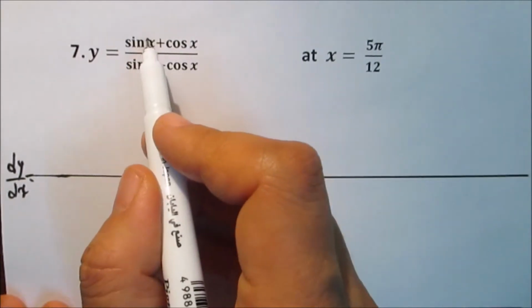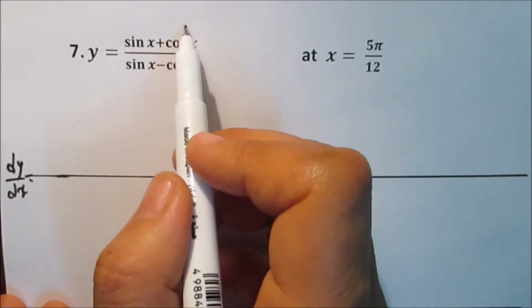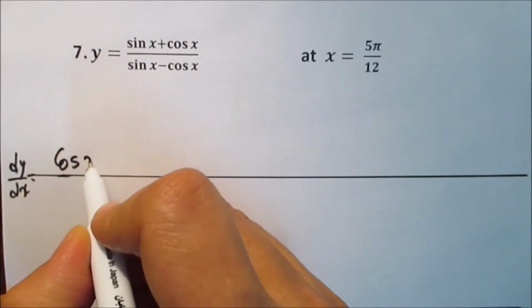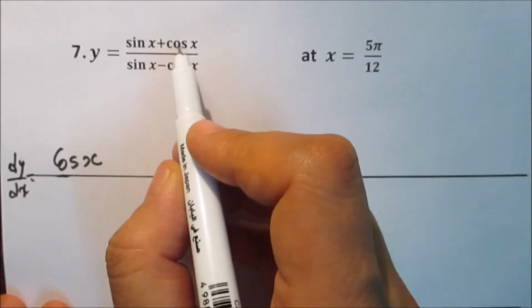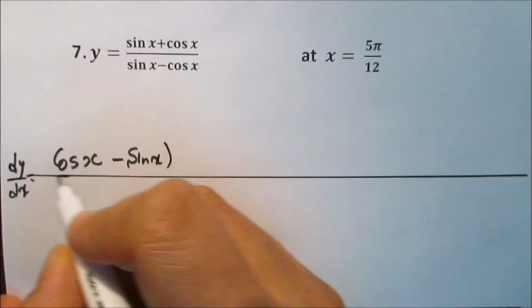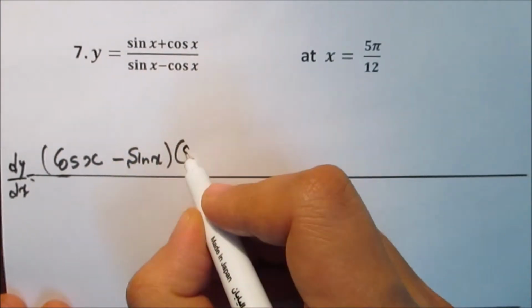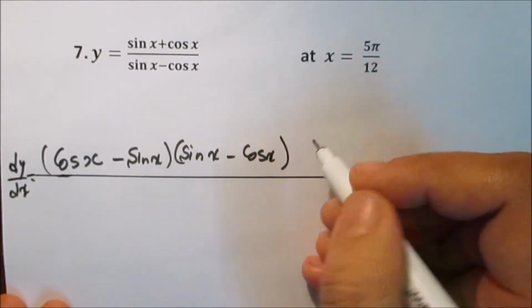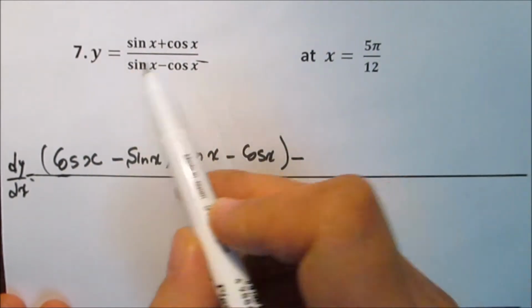So start with the derivative of the numerator. Derivative of sine is cosine, and plus the derivative of cosine is minus sine, times the denominator, so times (sine x minus cosine x), and minus, take the derivative of the denominator.